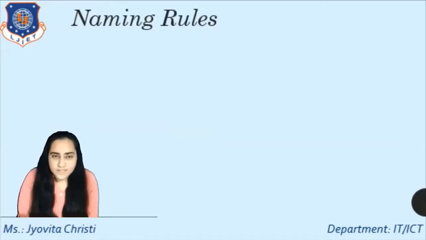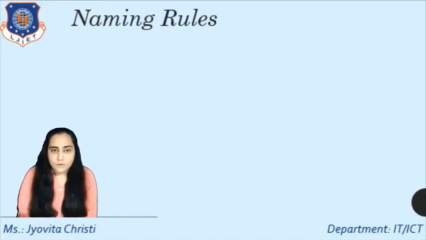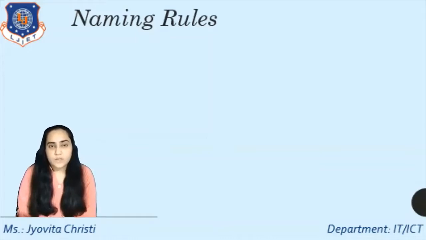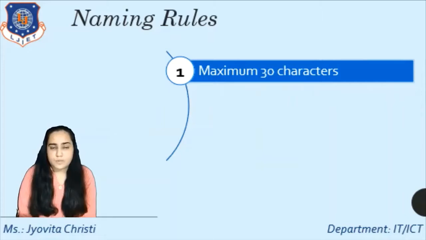Let us now understand the rules that PL/SQL has for giving names to programs and functions and variables. So let's check it out. These are the rules to name variables or identifiers. The first rule is that every identifier should be of maximum 30 characters.